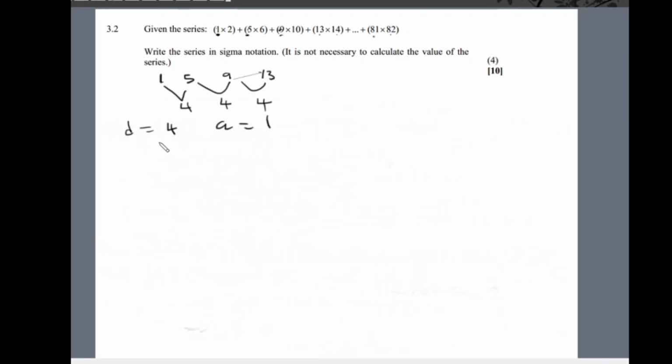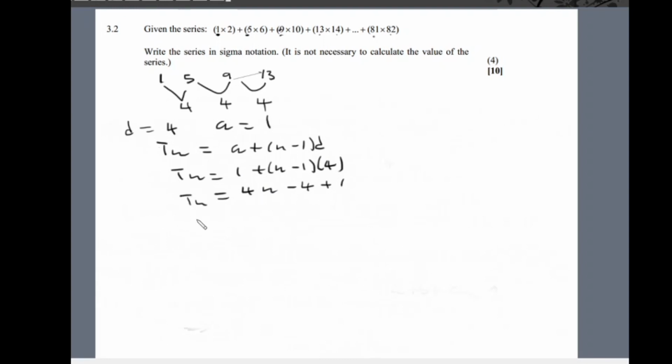So if you were to write the formula for Tn, it would be a plus n minus 1 d, which is 1 plus n minus 1 times 4. So this will be 4n minus 4 plus 1, which will be 4n minus 3.